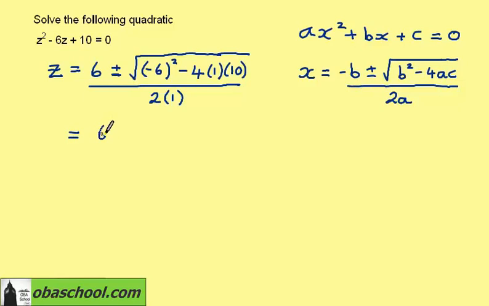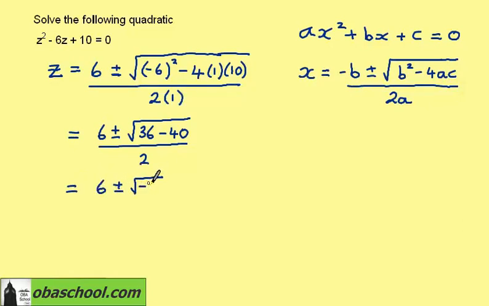This gives us 6 plus or minus the square root of 36, take away 40, all divided by 2, which is 6 plus or minus the square root of minus 4 divided by 2.